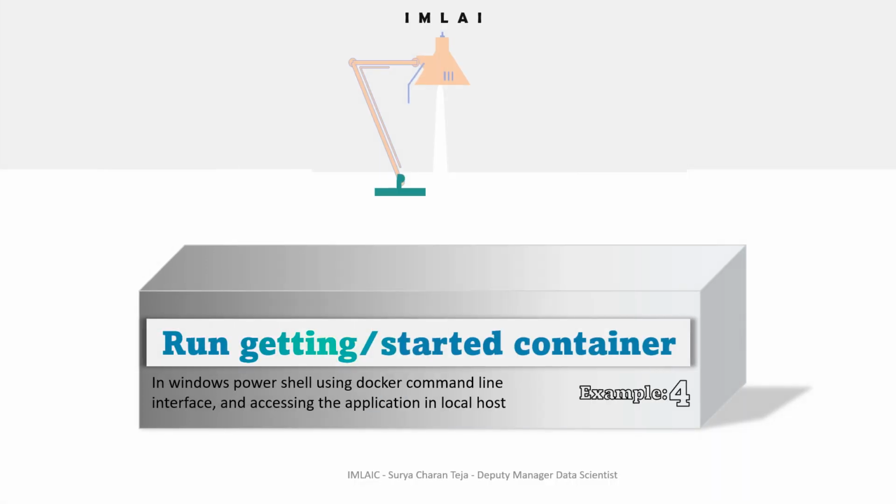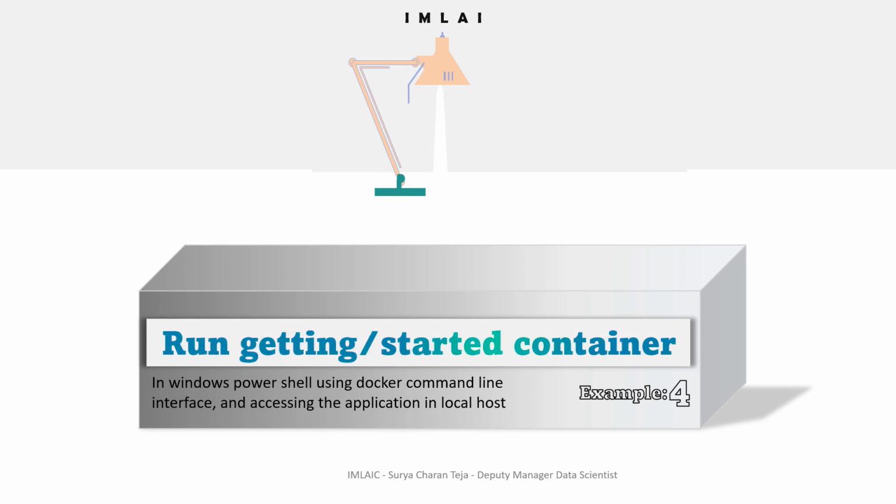Now our fourth example here is, let's run the similar app getting started container from Windows PowerShell through the Docker command line without using Docker Desktop directly, explicitly. So implicitly the use of Docker Desktop will happen, but explicitly we are not using it.